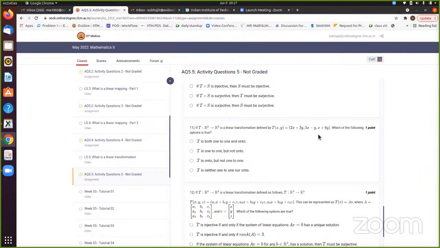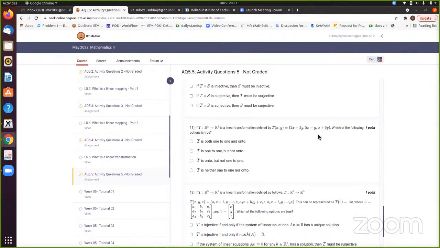If it is all equal to 0, then yes, I can have more than one solution. Right, so there are many vectors in the domain R2 which are going to 0. So can it be one-one? It cannot be. So at least it is not one-one, that we know. Correct, it is not one-one.